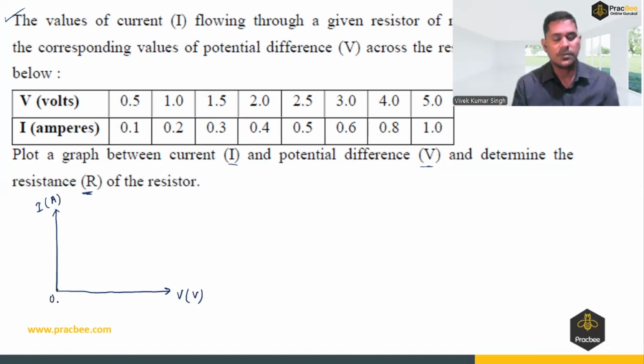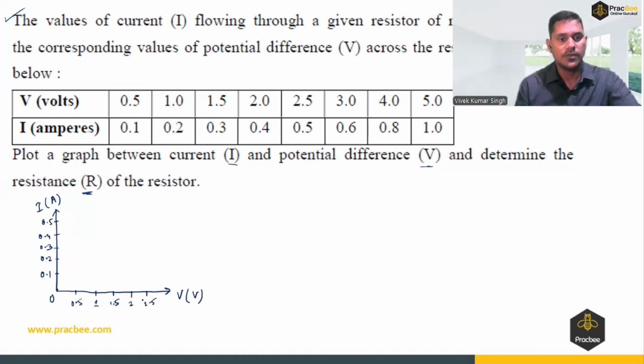Let's take some suitable scale. Here we have 0, then 0.1 ampere, 0.2 ampere, 0.3 ampere, 0.4 ampere, 0.5 ampere. Similarly, we have 0.5 volt, 1 volt, 1.5 volt, 2 volt, 2.5 volt.